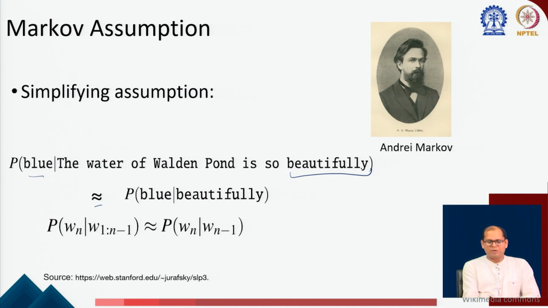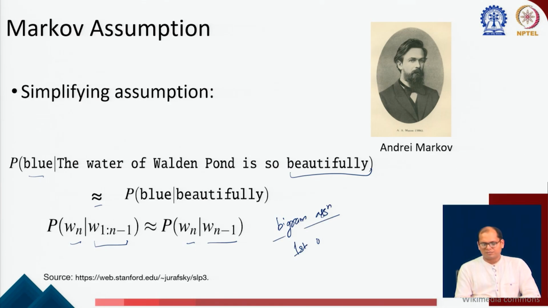So in general, the probability of the nth word given the previous n minus 1 words can be approximated by the probability of wn given just the last word, n minus 1. That is one particular assumption. It's called the bigram assumption, a first order Markov model.